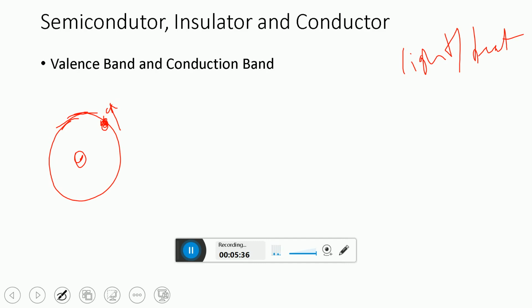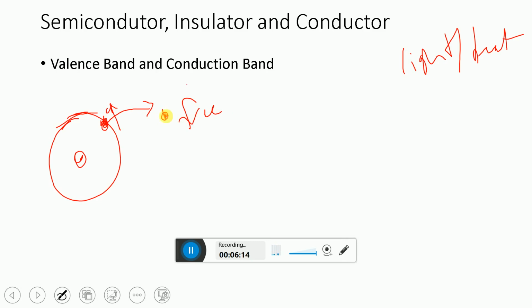And if the individual energy level increases, then the binding energy of this atom weakens, and the electron becomes free from the atom. The atom loses that electron, and as the electron is free, it is used for conduction, so the electron jumps to the conduction band.